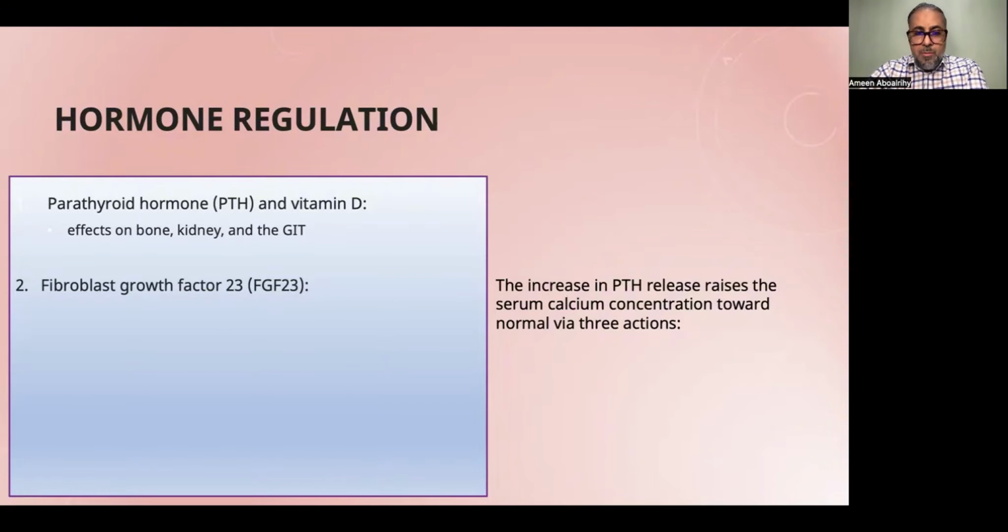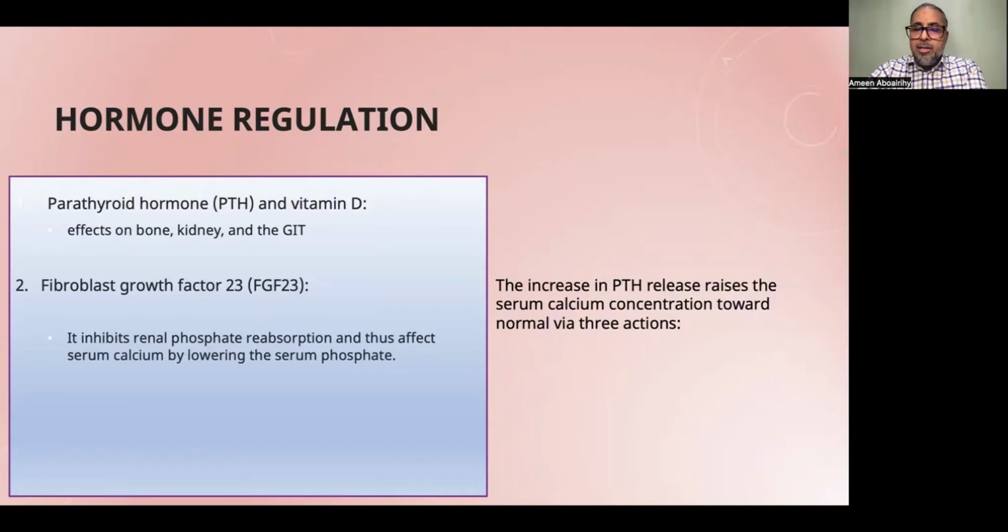Parathyroid, we'll see in a minute, but FGF23 inactivates, or it actually affects the activation of 1,25 vitamin D. So if 1,25 is not there, this means that the calcium homeostasis would be affected.